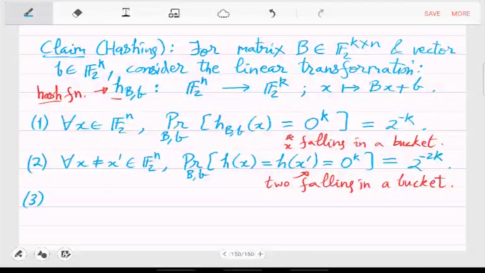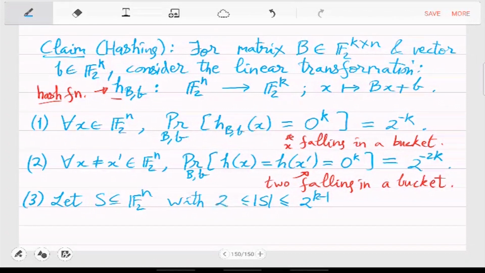And third will be, this is the relevant application we are interested in. So, let S be the set of satisfying assignments, you can think of it like that. With the number of satisfying assignments, let us say it is between 2 raised to k minus 1 and 2 raised to k minus 2.